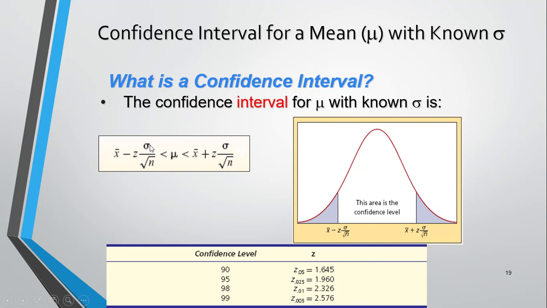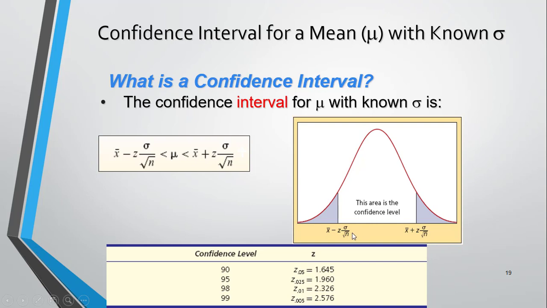Sigma is the standard deviation of the population, and n is your sample size. The z score is right here, down below. So it's a minus and plus this. X bar minus that number is this point right here, the lower limit. X bar plus that is the upper limit. And this area in the middle, the white area, is your confidence interval.